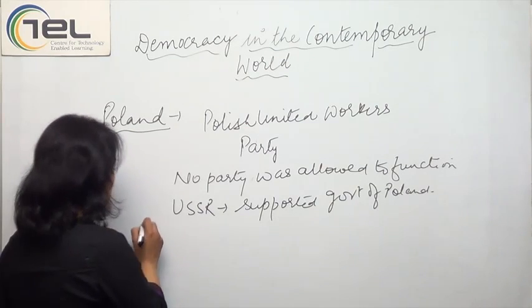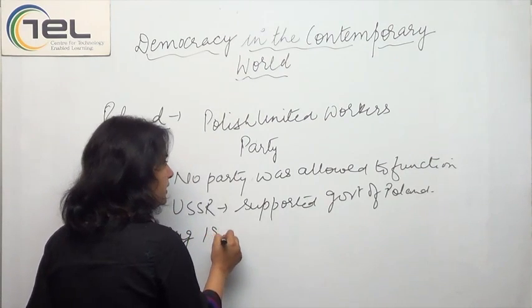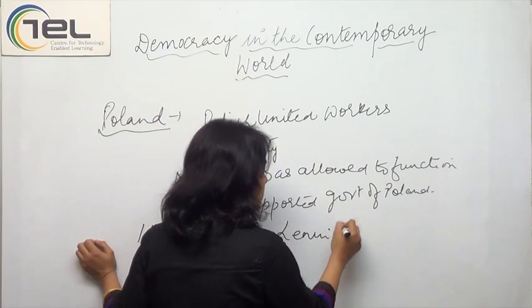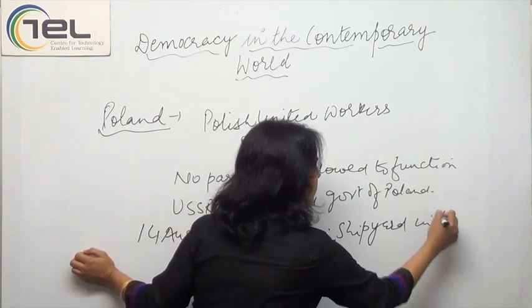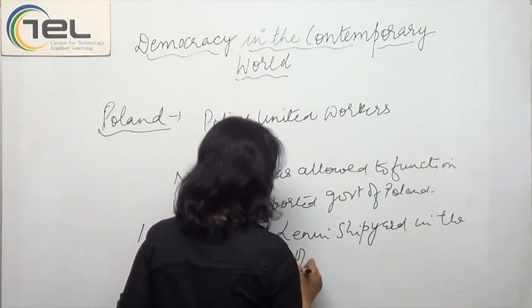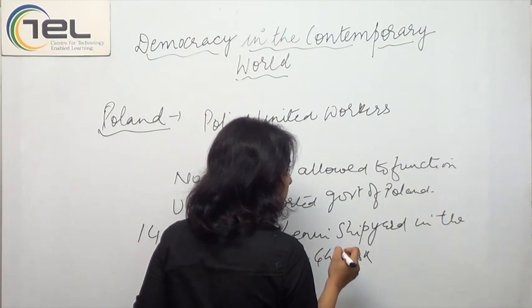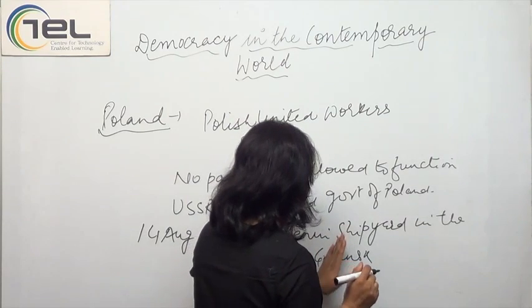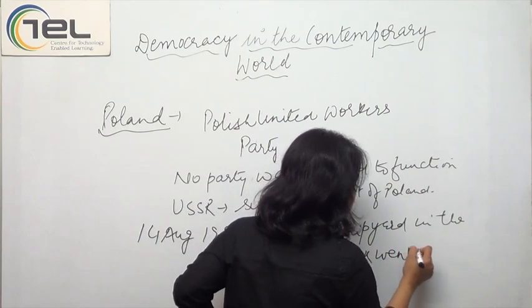That phase came on 14th August 1980, when the workers in the Lenin shipyard in the city of Gdansk went on strike.